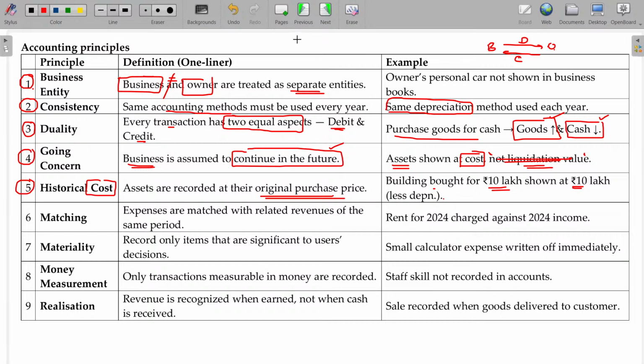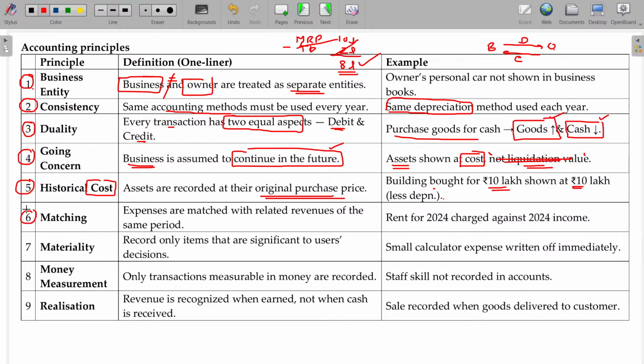If the asset has an MRP of 10 lakhs, but while purchasing you enjoyed a 2 lakhs trade discount, then the actual amount you pay is only 8 lakhs, isn't it? We have to consider only 8 lakhs to be shown in our books, not the MRP. This is called cost. The actual cost you pay for the asset at the time of purchase will be the value at which you show it in your books.